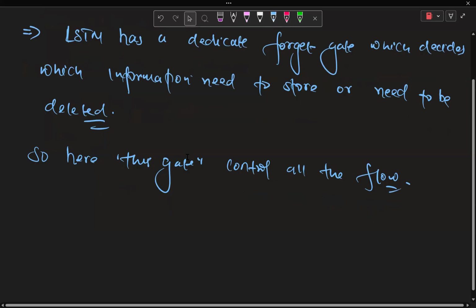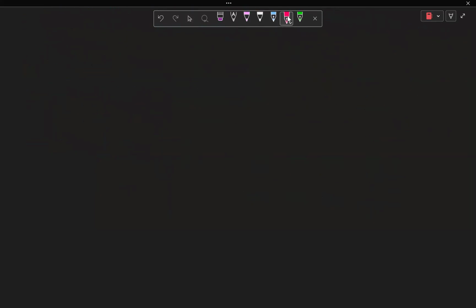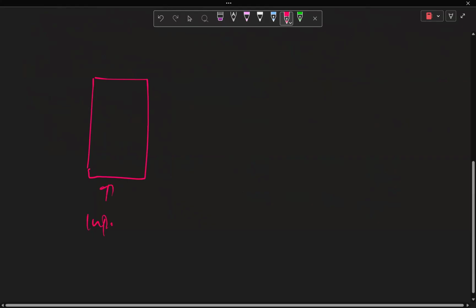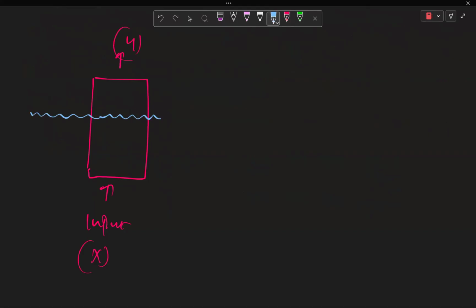In a normal RNN, guys, you will have this kind of structure. Input, here we have output. This is your short-term memory.